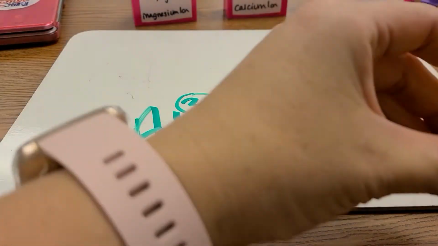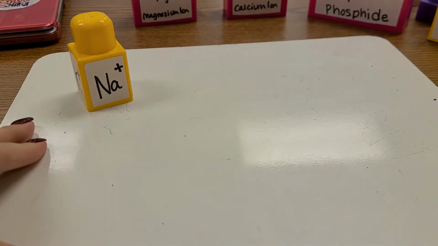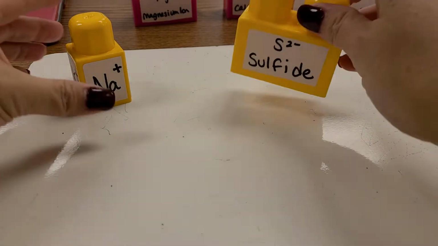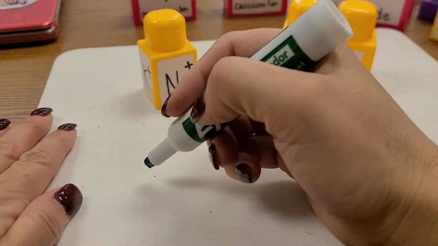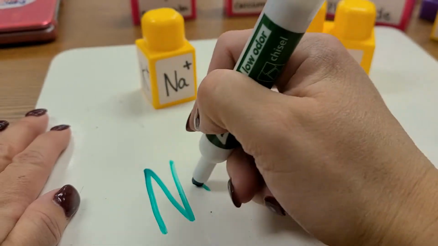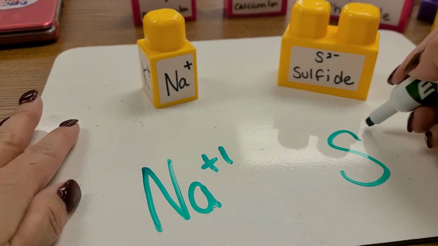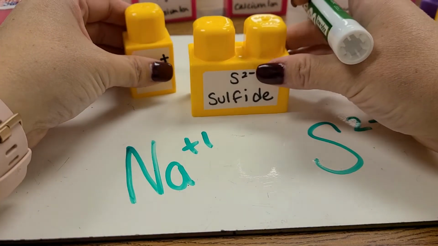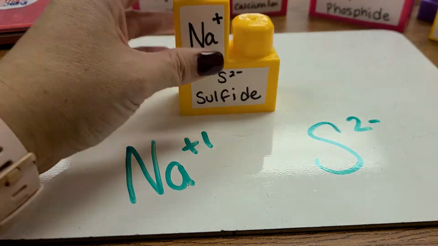Here is sodium, and we'll use sulfide. Okay, so sodium and sulfur. So sodium is a +1, and sulfur is a -2. So you can see that sulfur needs 2, and sodium only has 1 to give.